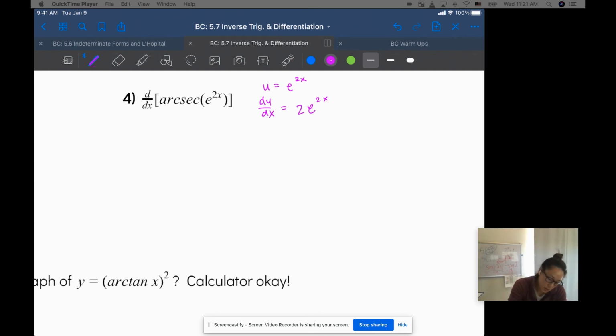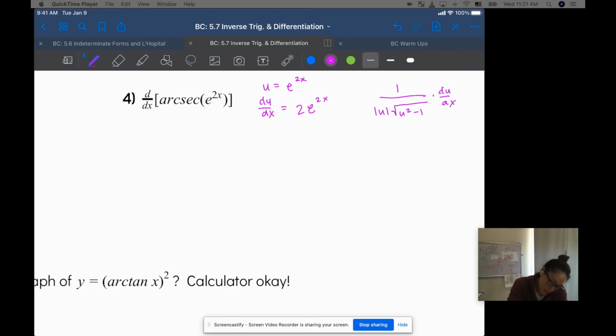All right, so I remember that the derivative of arc secant of u is 1 over the absolute value of u times the square root of u squared minus 1, times du dx.